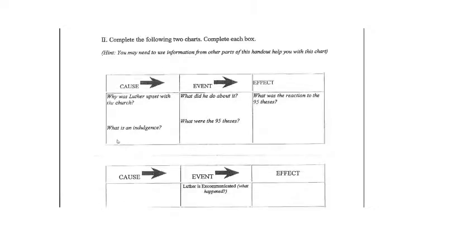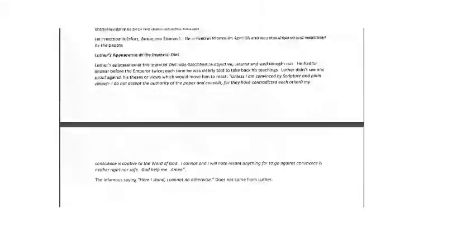So read all of that before you come back up here to complete the charts, the cause and events and effect questions that you're writing here on the page. And it even says you may need to use information from other parts of the handout to help you with the chart.